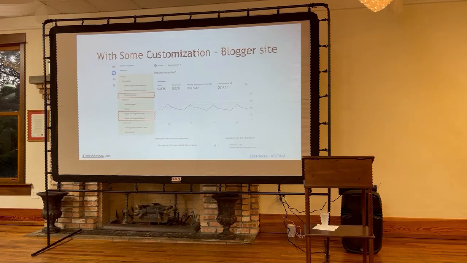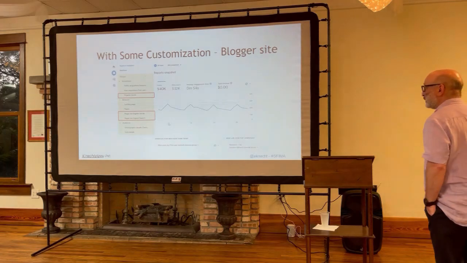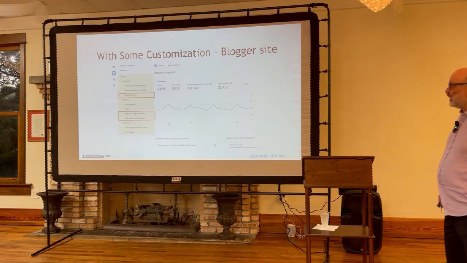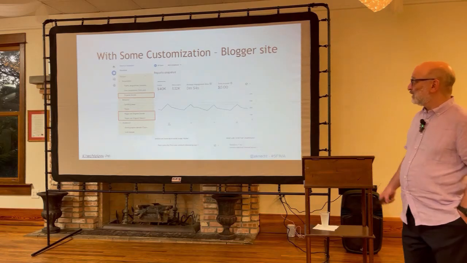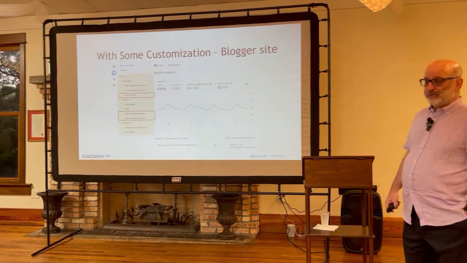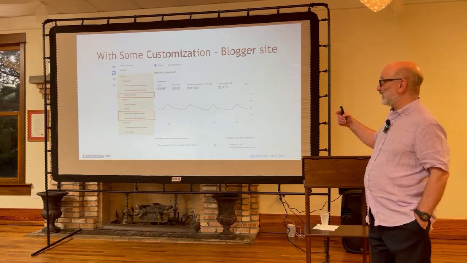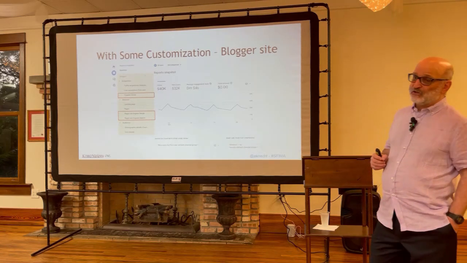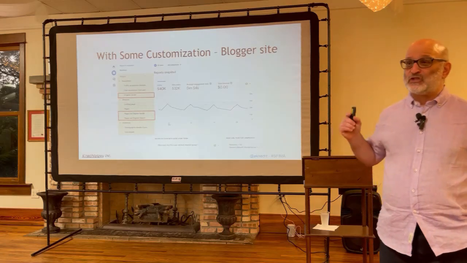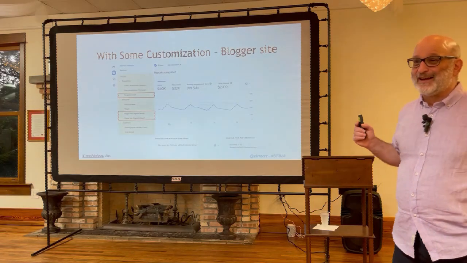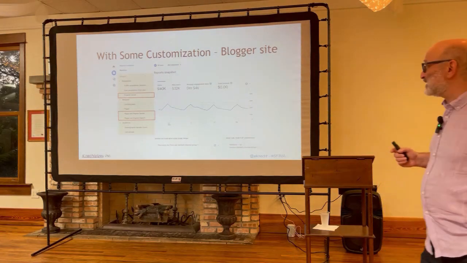When you click in there and play in there, I'm going to give you some examples. This is for a large blogging site that I was helping with. We created a whole new left-hand navigation. We have their acquisition, so we still have the traffic acquisition. We also have organic social, because they hired a person just to drive traffic through social media, and they want to see what that is.